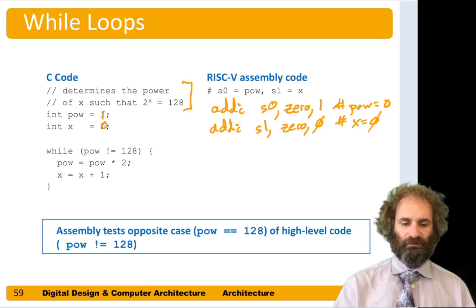Now we'll have the while loop. We need to compare pow to 128, so we need to have the number 128 sitting someplace we can use it. And so let's actually load that into a register as well. How about we put it into a temporary register, maybe T0.